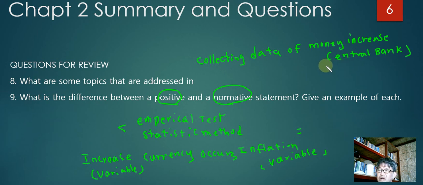The inflation rate is the increased degree of pricing, so it can also be collected from the central bank. The inflation rate can be determined by a guideline, 3%, 5%, 4%, whatever.